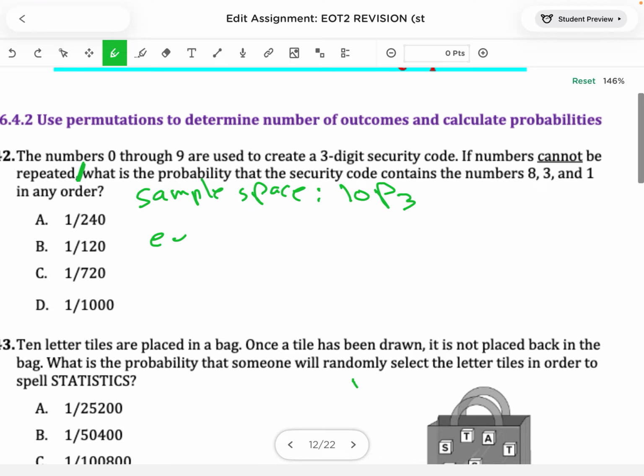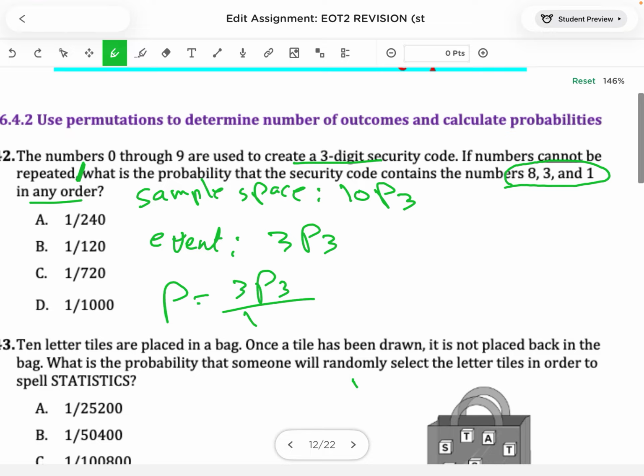Now for the event, the probability that the code contains 8, 3, and 1 in any order. So the probability would be 3 permutation 3 over 10 permutation 3, and the answer is 1 over 120.